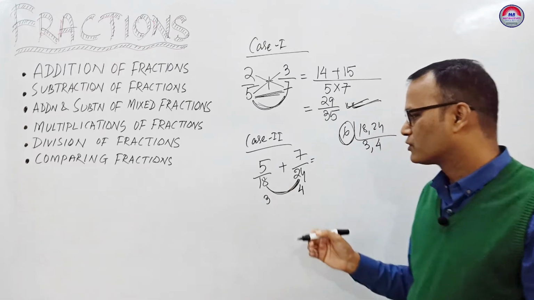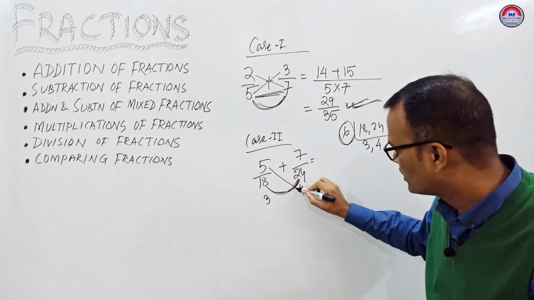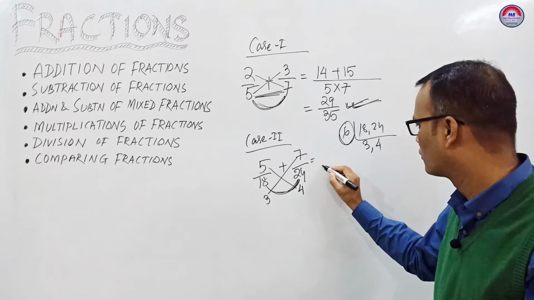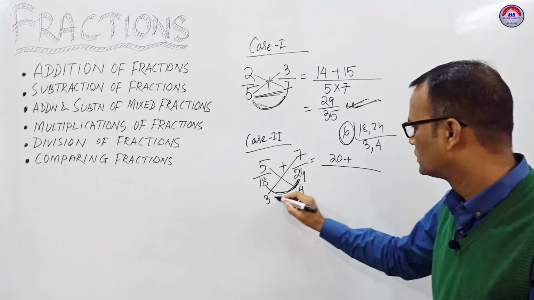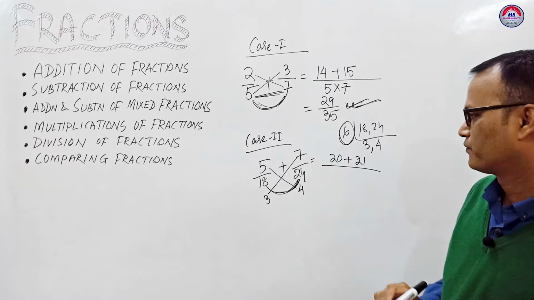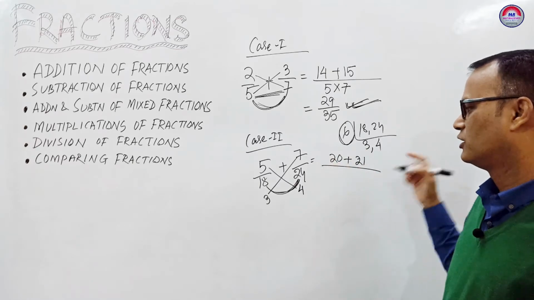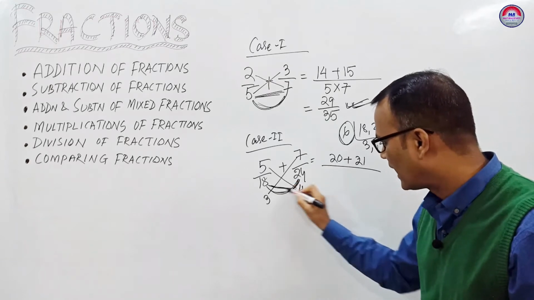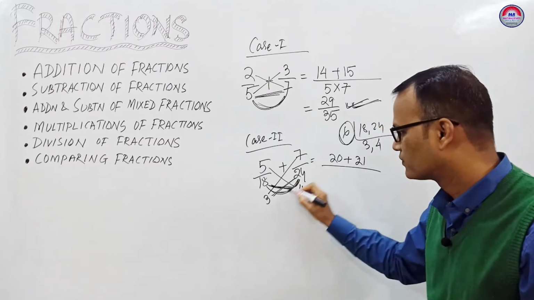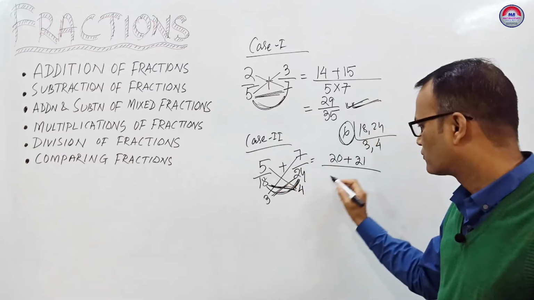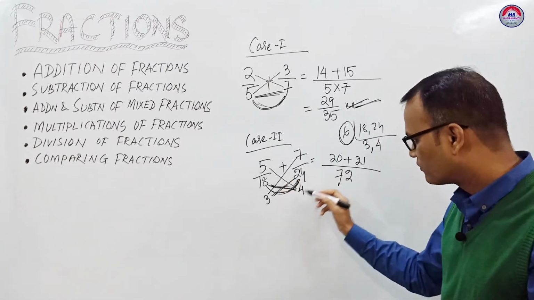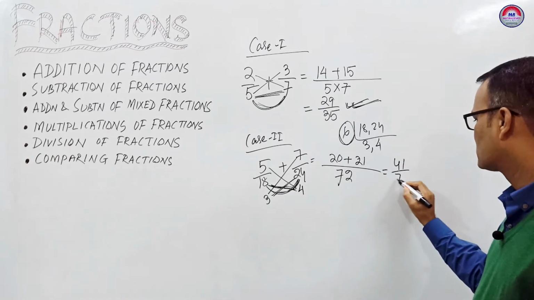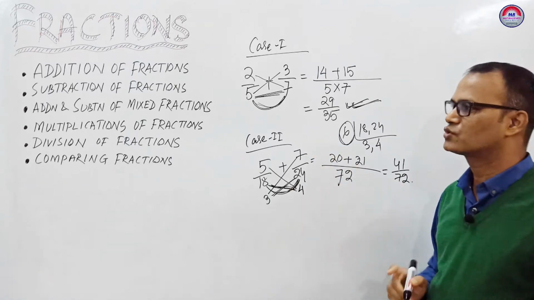Now the process is we just cross multiply and add. 5 into 4, 20, plus 3 into 7, 21. It is the numerator. To find the denominator, we just multiply either this one or this one, the result will be the same. So the answer is 41 by 72. This is case 2.